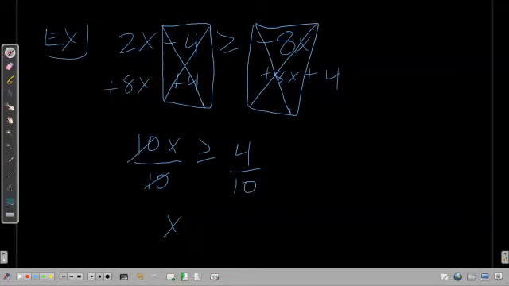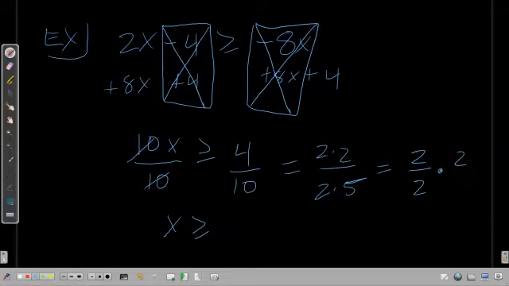So x must be bigger than or equal to 4 over 10. However, 4 over 10 is 2 times 2 over 2 times 5. And by the definition of multiplication of two fractions, that is 1 times 2/5. So we get that x is bigger than or equal to 2/5.